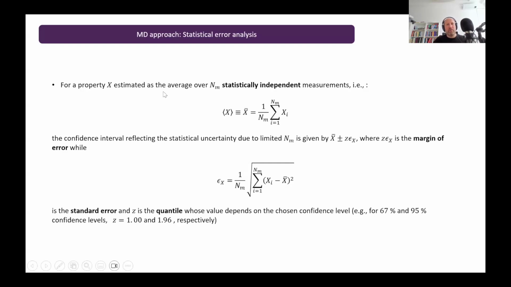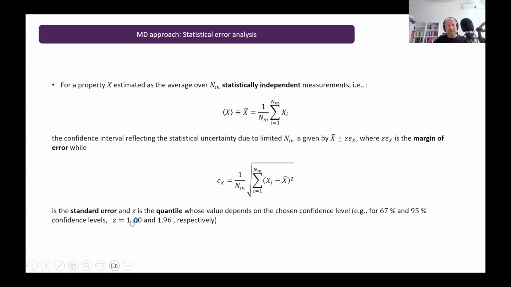Now, in general, for a property X that is estimated as an average over N statistically independent measurements, the confidence interval reflecting the statistical uncertainty we are interested in is given by this equation, where Z epsilon X is called the margin of error, epsilon X is the standard error, and Z is a quantile whose value depends on our particular choice of confidence level.